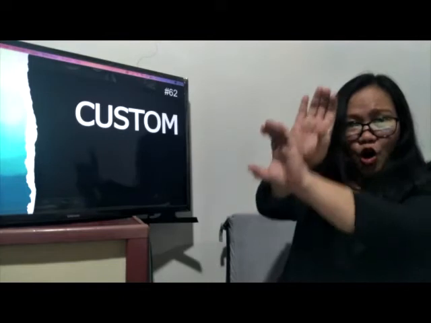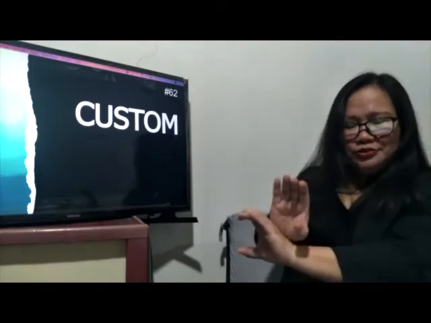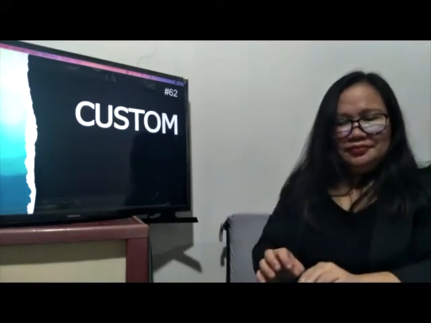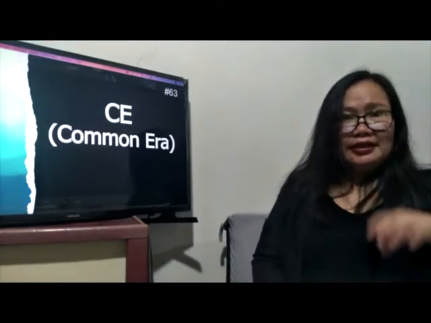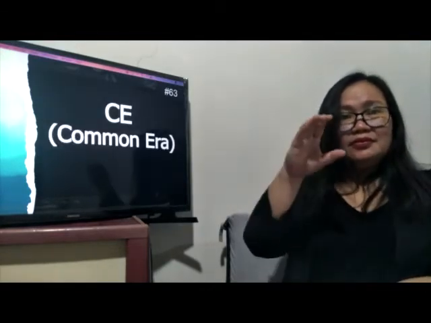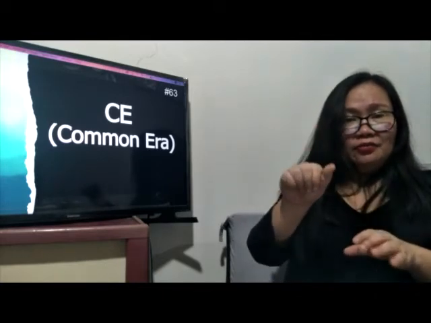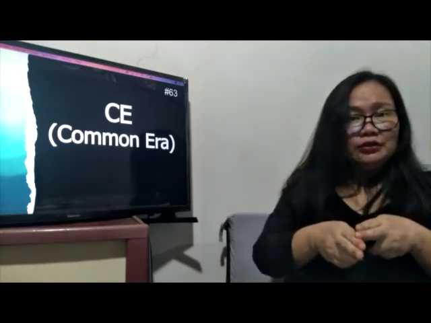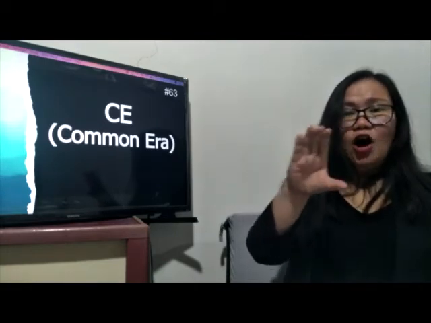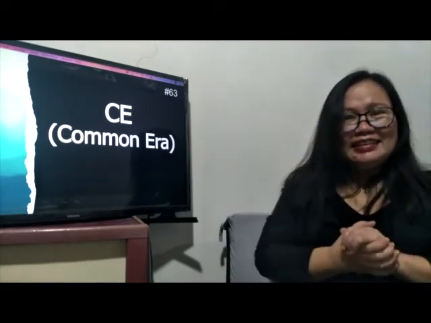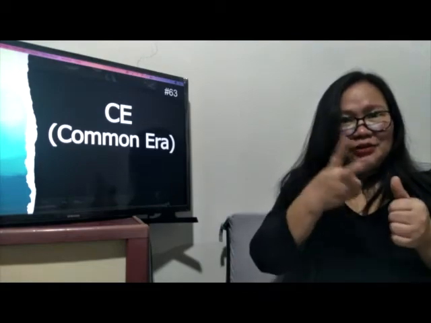Costume. And the last word for letter C, common era, or shorten it to fingerspell CE. Common era. That ends our letter C vocabulary.